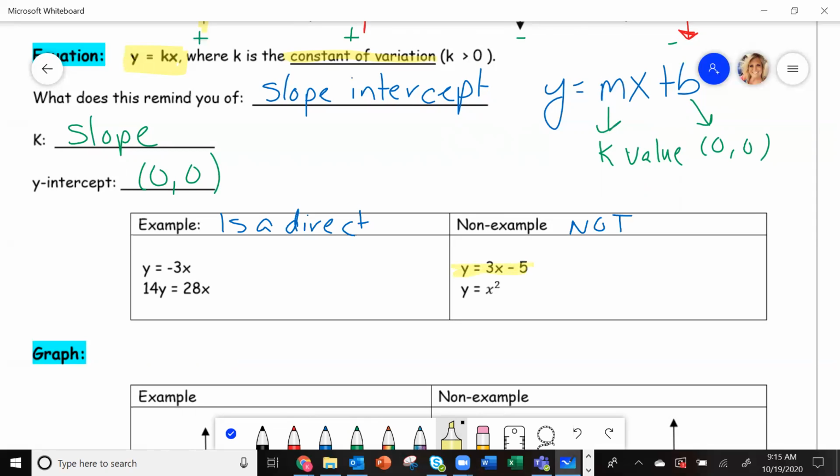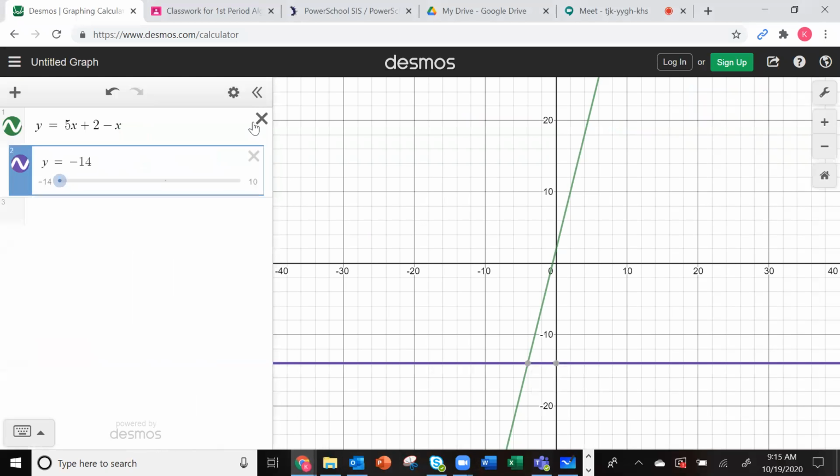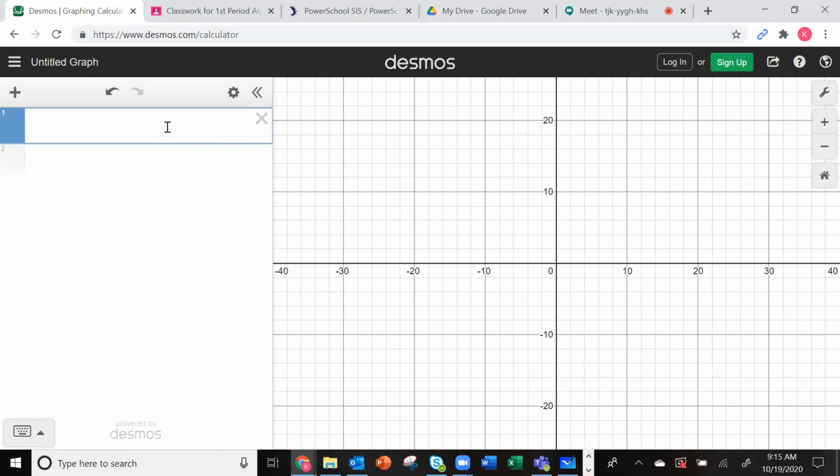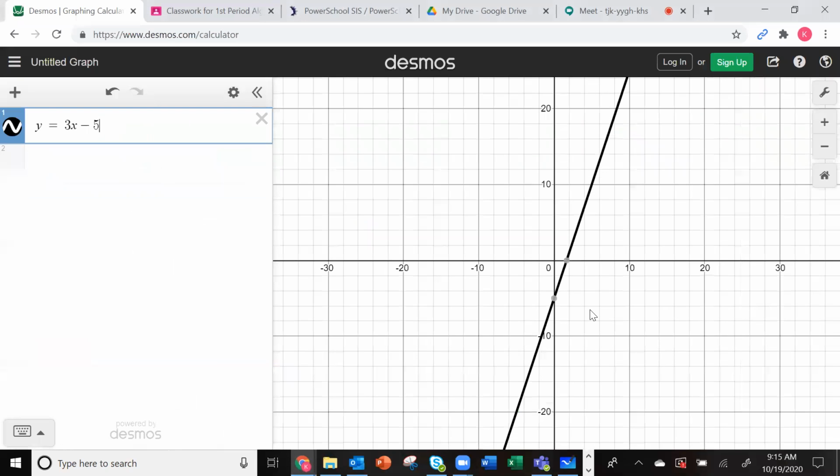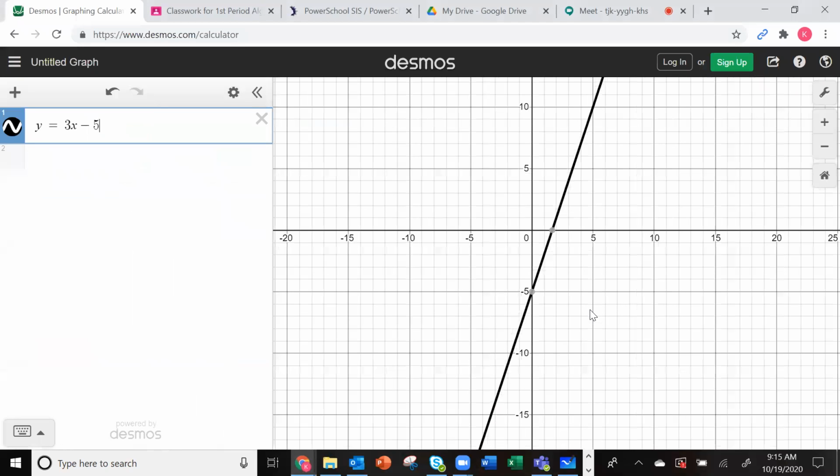Let's look at the nots for a minute. So it says y equals 3x minus 5. If I go into the calculator, click here, y equals 3x minus 5, and I graph it. Okay, think of the two things that they talked about for direct variation. One of the first things was that the slope was positive. That means from left to right, is my line going up?